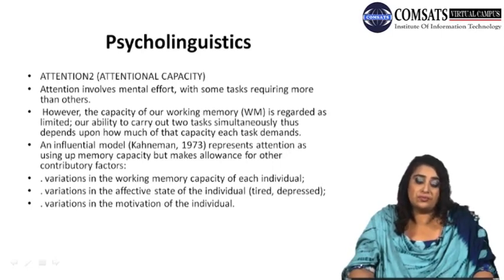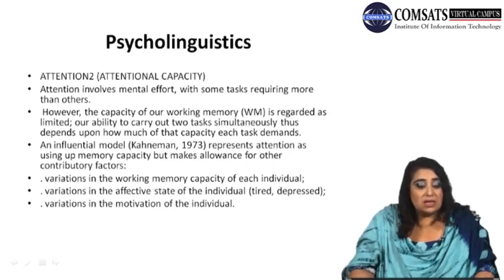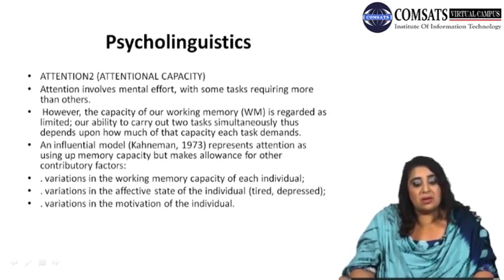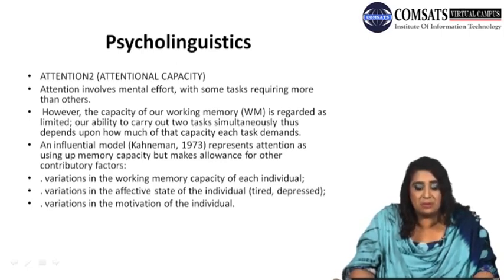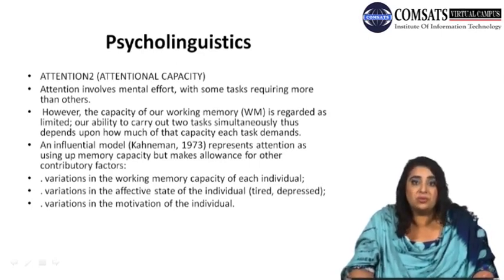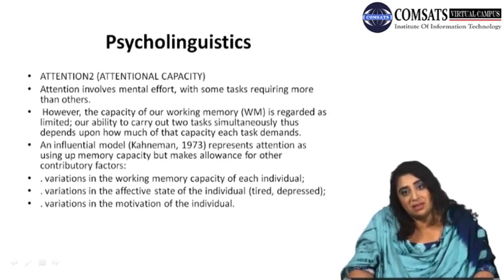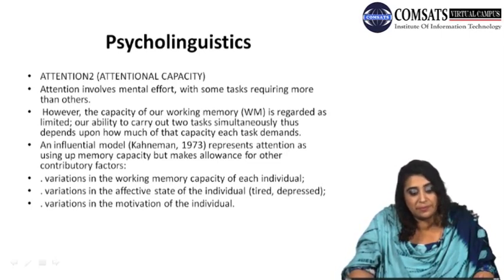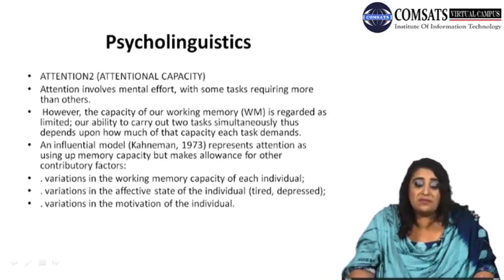contributory factors. That model says attention uses up memory capacity, but it also gives allowance for other contributory factors. Number one would be variations in the working memory capacity of each individual. Each individual has a different capacity of working memory. Number two, variations in the affective state of the individual, tired or depressed.